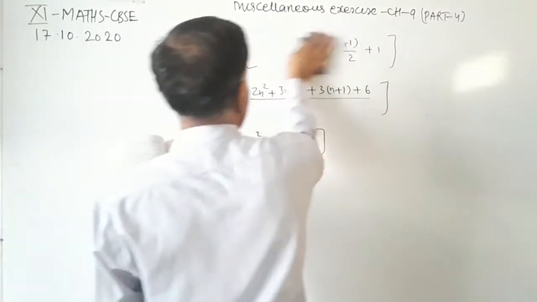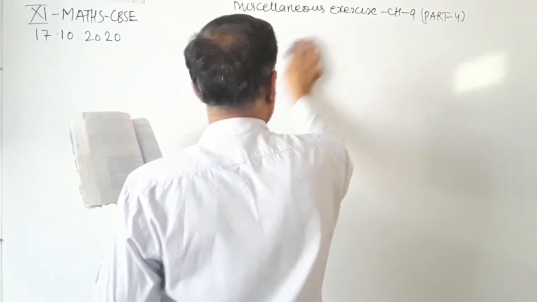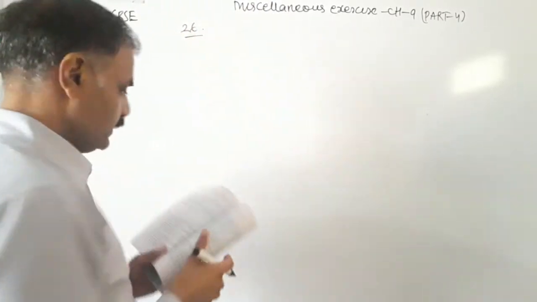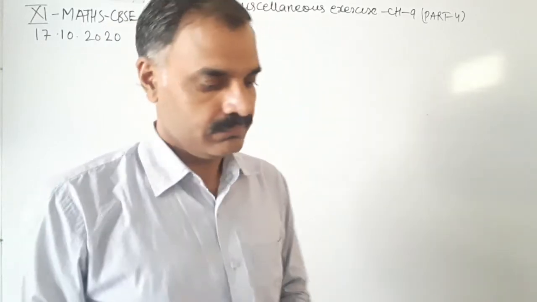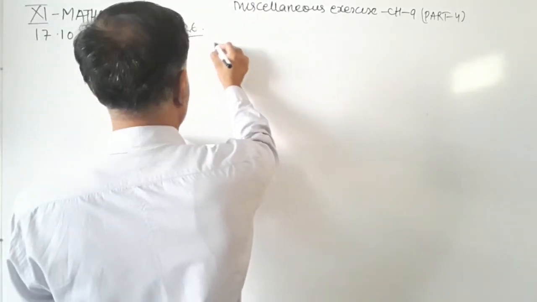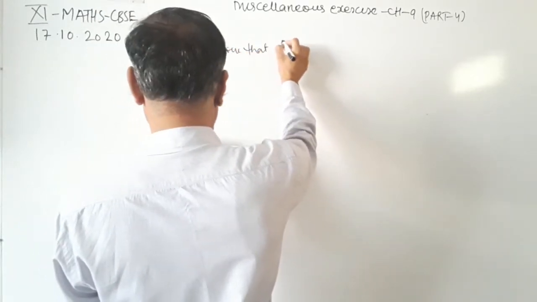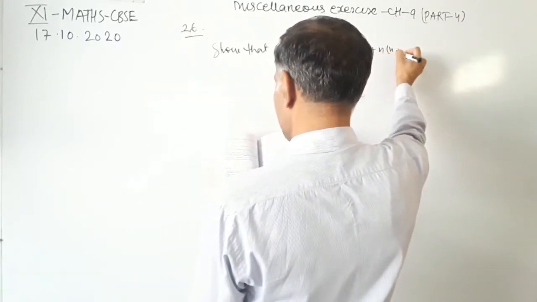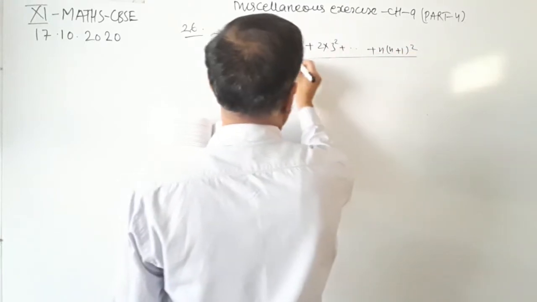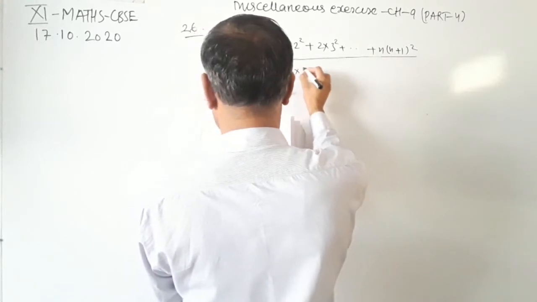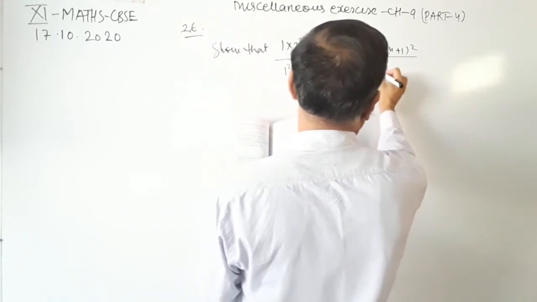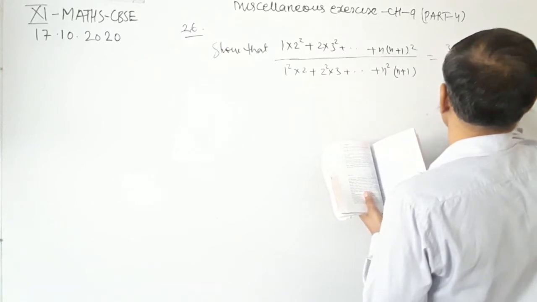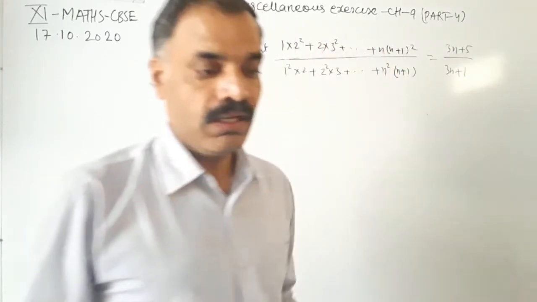So question number 26: show that (1 into 2 square plus 2 into 3 square plus ... plus n into (n plus 1) whole square) divided by (1 square into 2 plus 2 square into 3 plus and so on plus n square into (n plus 1)) is equal to (3n plus 5) upon (3n plus 1). We have to show this.